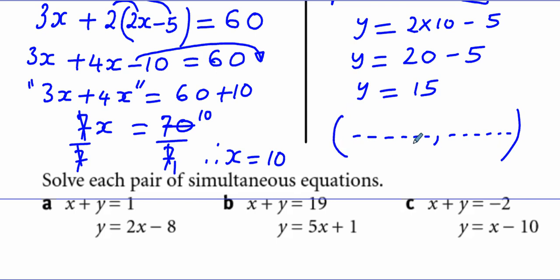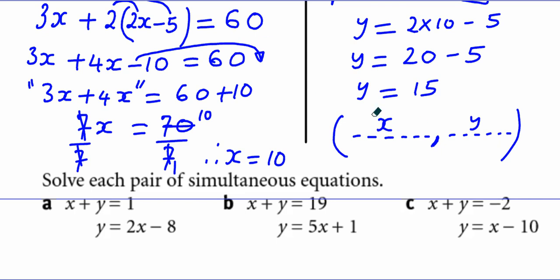They will ask you to fill in the blanks. The first value, before the comma, is the value of x. And the number to be filled in after the comma is the value of y. So it's like coordinate geometry.